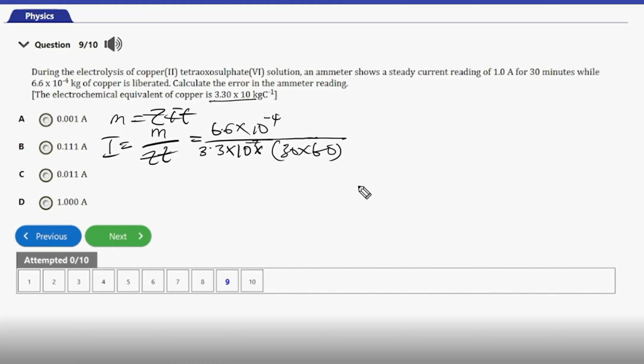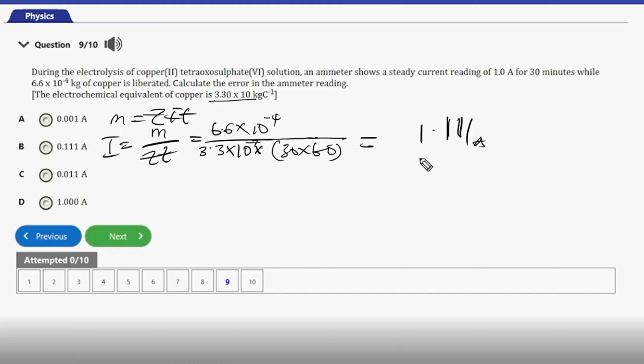So now 30 times 60 here, we've converted this. So when you go ahead and punch this with your calculator, you have a value of 1.111. So that's the current we are getting from here.